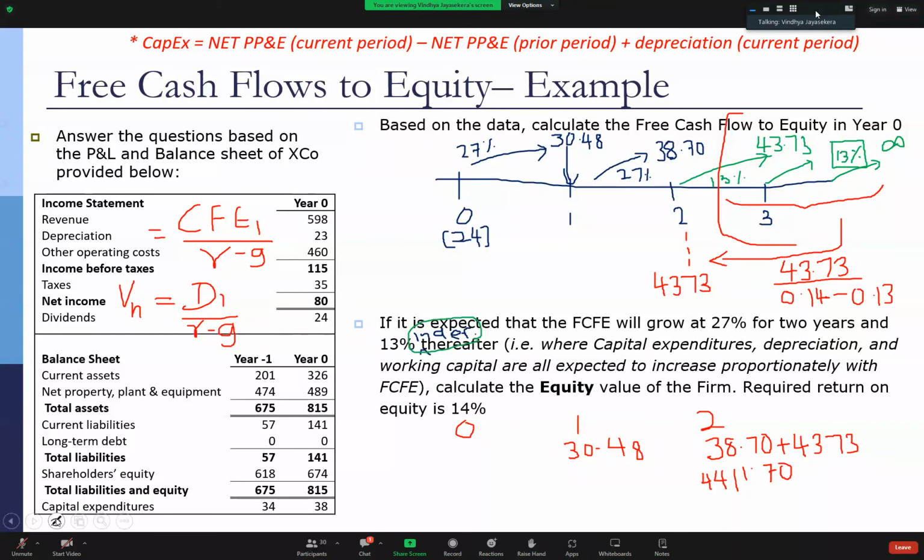And then what we do, we have to discount these two cash flows. 30.48, we discount at 14% for 1 year.